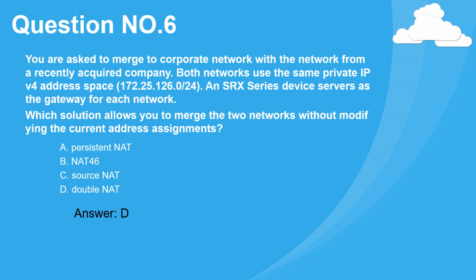Which solution allows you to merge the two networks without modifying the current address assignments? A. Persistent NAT. B. NAT46. C. Source NAT. D. Double NAT. Answer D.